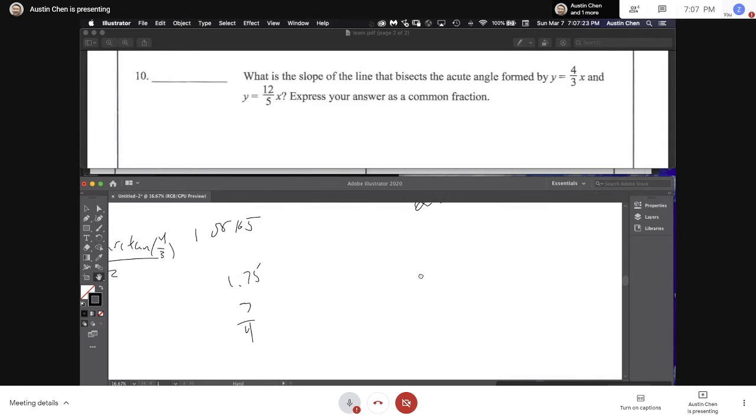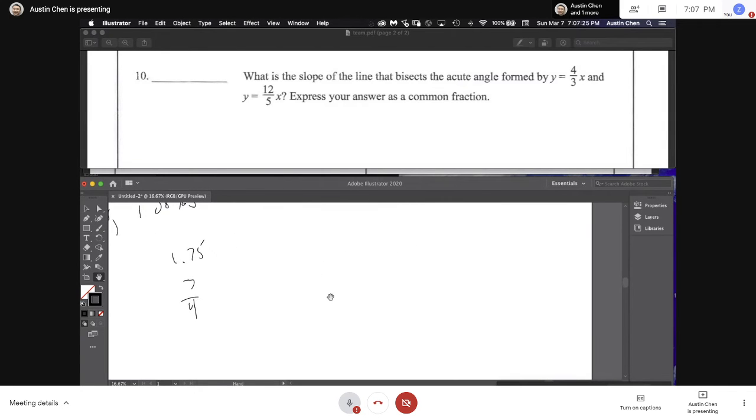So on the actual test, the best strategy would probably just be to do this, because doing it with a calculator is probably going to take much less time than if you're going to work it by hand.